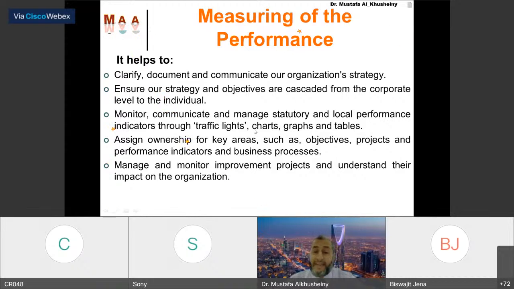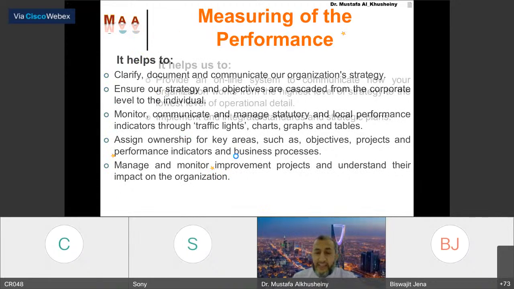We can monitor, communicate, and manage statutory and local performance indicators through traffic lights, charts, graphs, and tables, assign ownership for key areas such as objectives, projects, performance indicators, and business processes, manage and monitor improvement projects, and understand the impact on the organization.